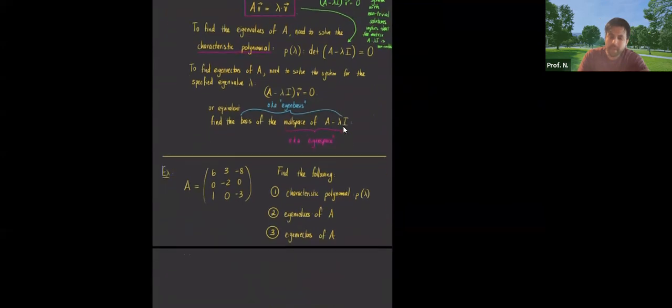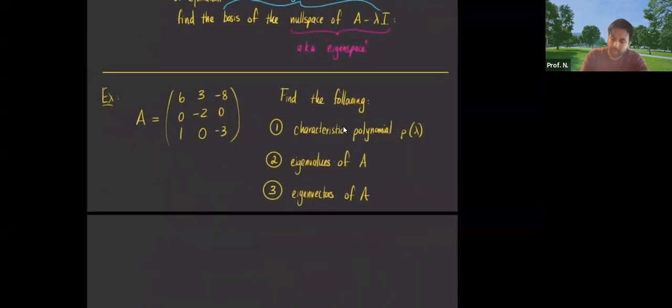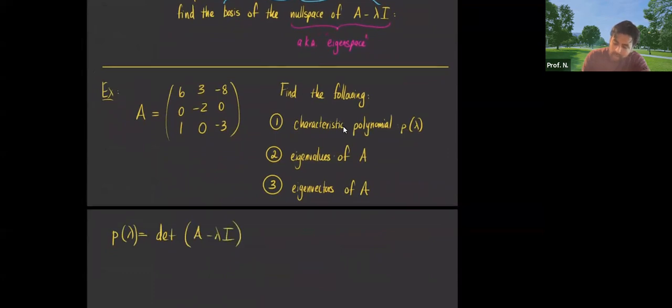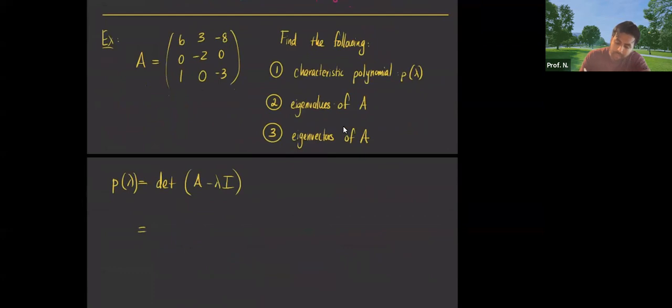So I first want to find the characteristic polynomial. So what's the characteristic polynomial again? The determinant of A minus lambda I, and the determinant will be what? 6 minus lambda, 0, 1; 3, -2 minus lambda, 0; -8, 0, -3 minus lambda.